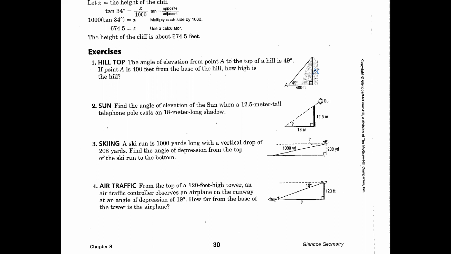We need to label it, just like we've been doing with all of our other SOHCAHTOA stuff. So on here, we have 49. That X is on what side compared to the 49? Opposite. The 400 is where? Adjacent. Again, we labeled those based off of that angle. So we have 49 degrees. Now we have opposite and adjacent.